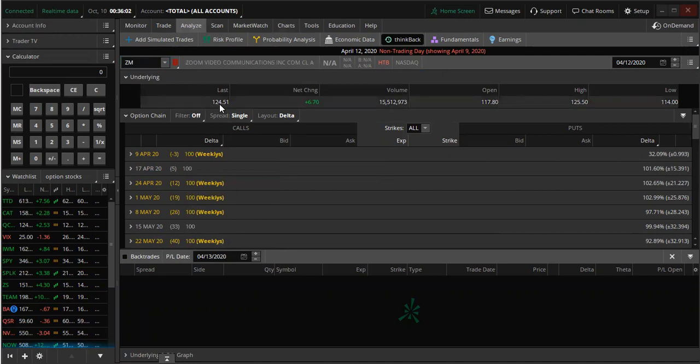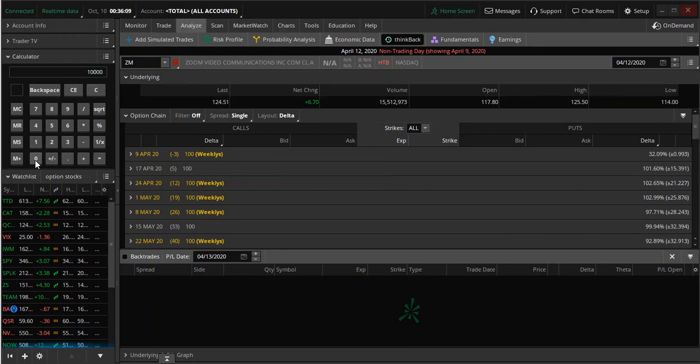April the 13th, this stock was $124.51. So let's see how much $10,000 divided by 125 would have gotten you. 80 shares of stock.